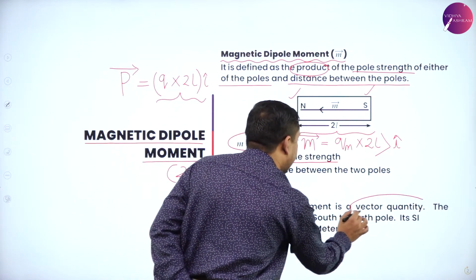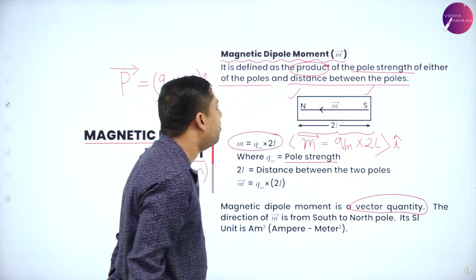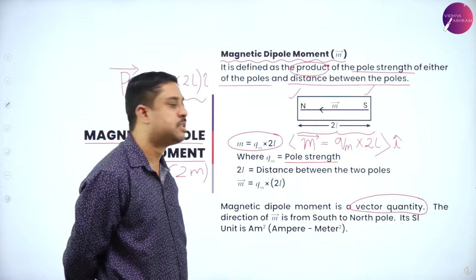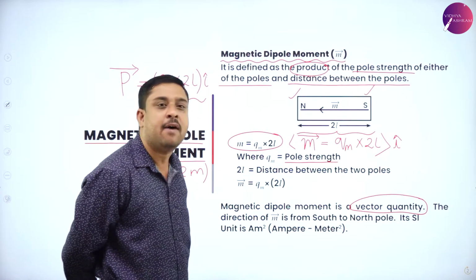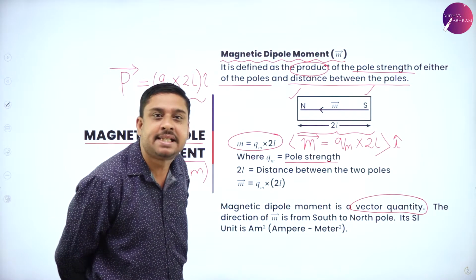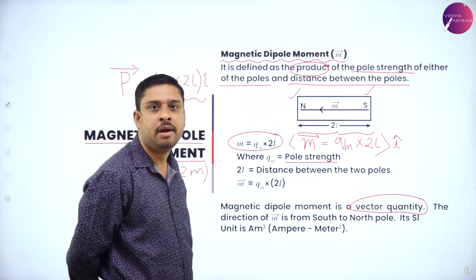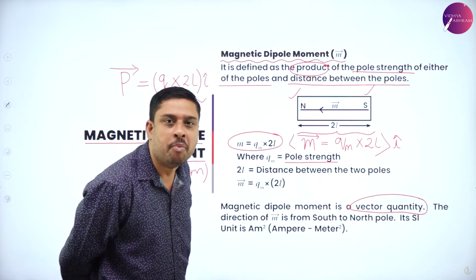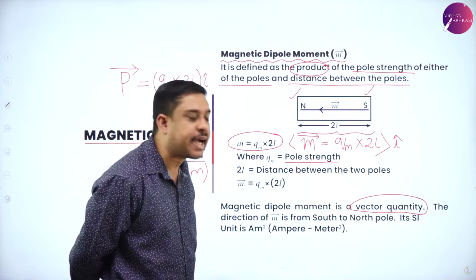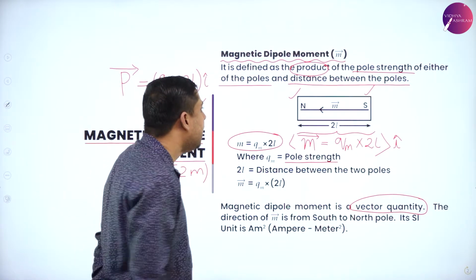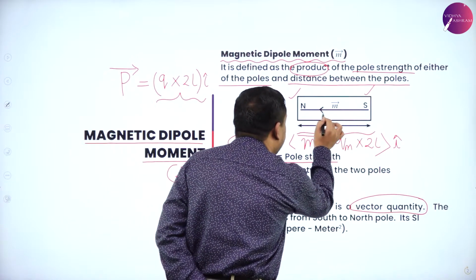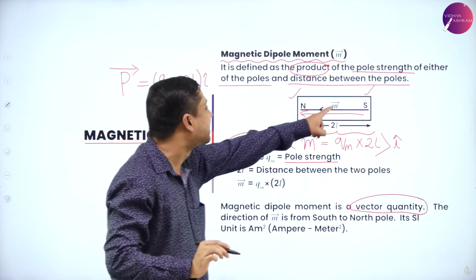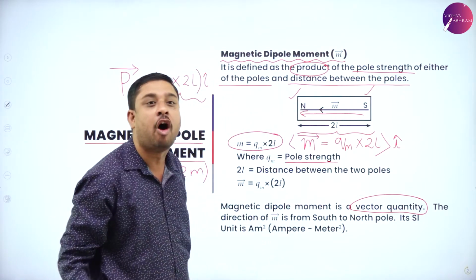Important to note that magnetic dipole moment is a vector quantity, and if you observe, the direction is from the south pole to the north pole.